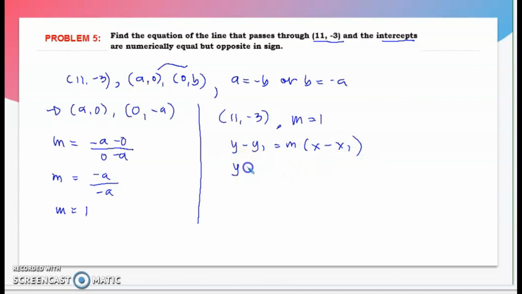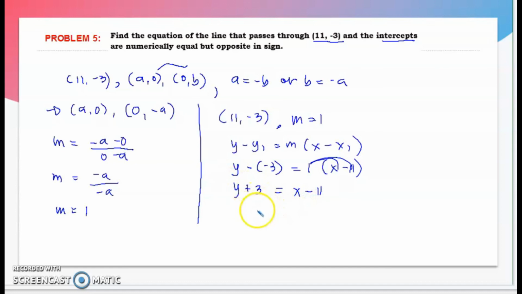So y minus negative 3, which is the value of y, equals the slope, which is 1, times x minus x sub 1, which is 11. And then simplify. So negative times negative, that is positive. So that is plus 3 equals 1 times x is equal to x. 1 times negative 11, which is equal to negative 11.